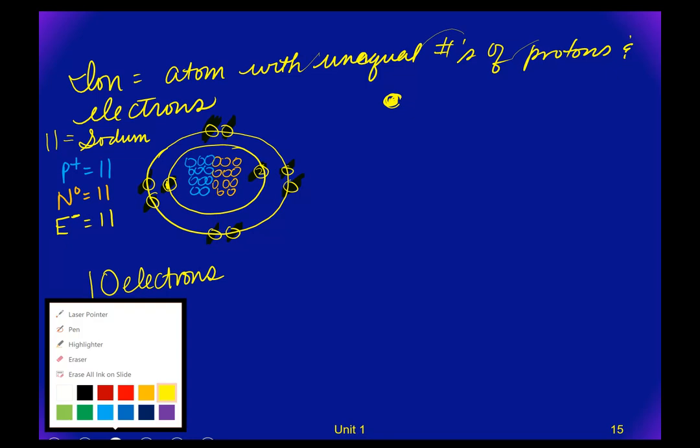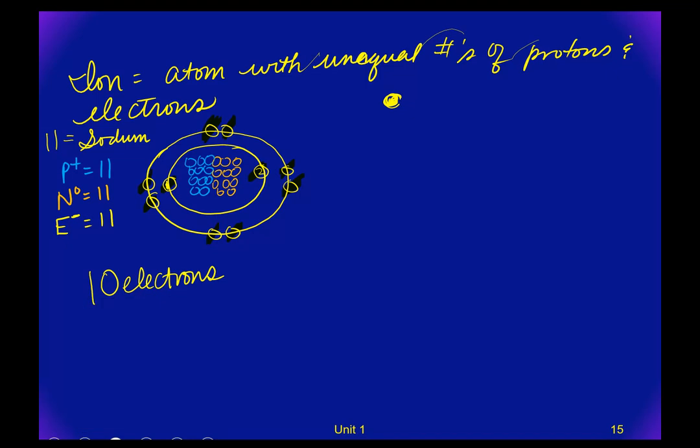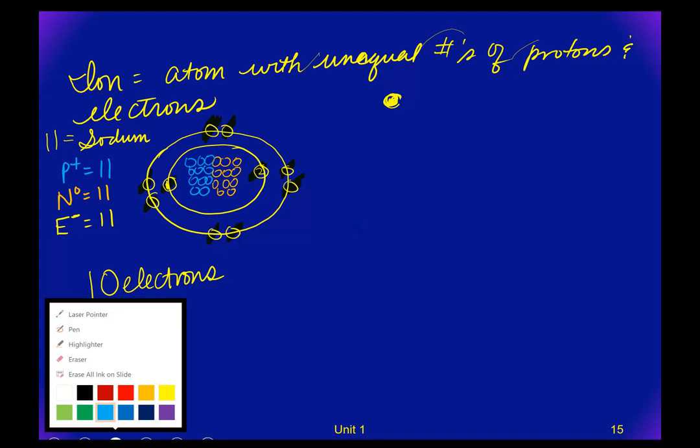Let's count how many protons I have: 1, 2, 3, 4, 5, 6, 7, 8, 9, 10, 11. I have 11 protons.